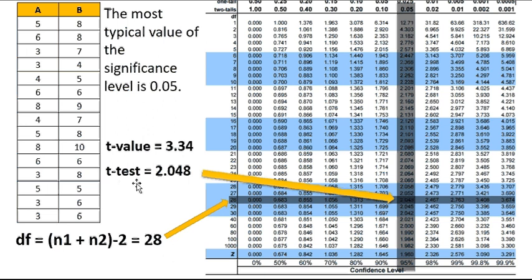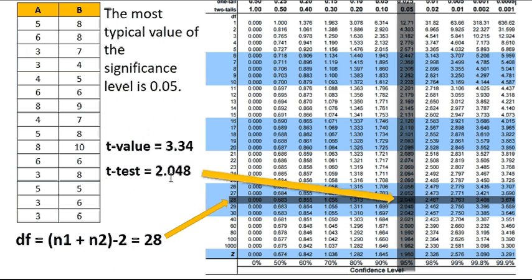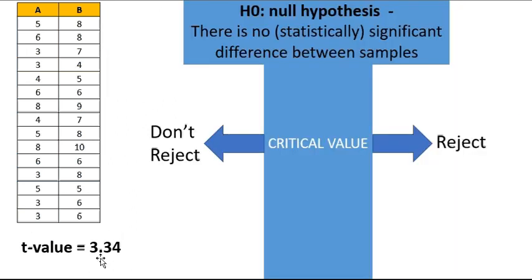So the t value is 3.34, and the critical value is 2.048. Going back to the slide I discussed a while ago regarding the testing: is the t value greater than the critical value?